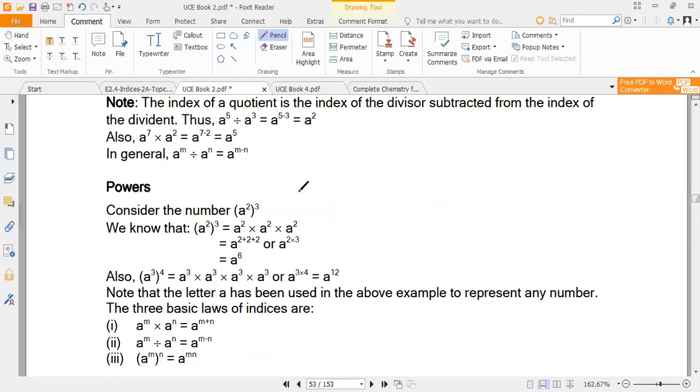According to the law of powers, when you're multiplying indices, for example, if you have a power 2 multiplied by a 3 outwards, this is the same as multiplying a squared 3 times. It's like a squared times a squared times a squared.